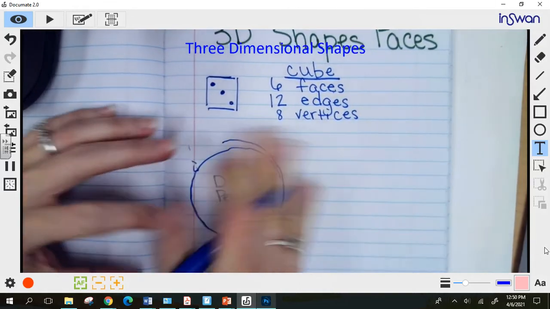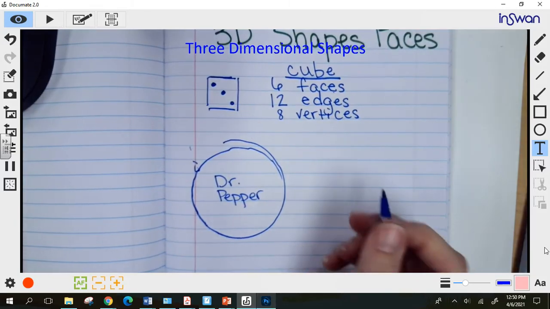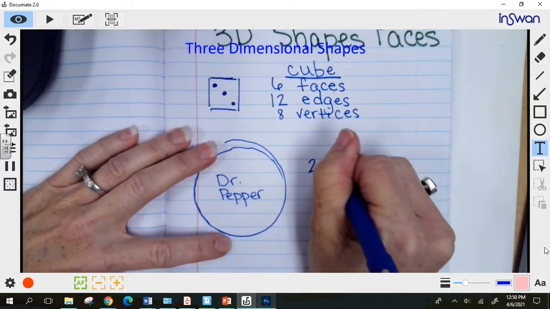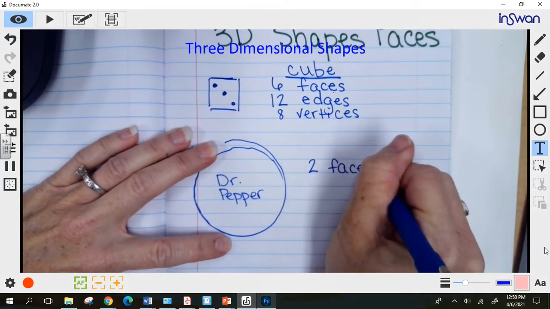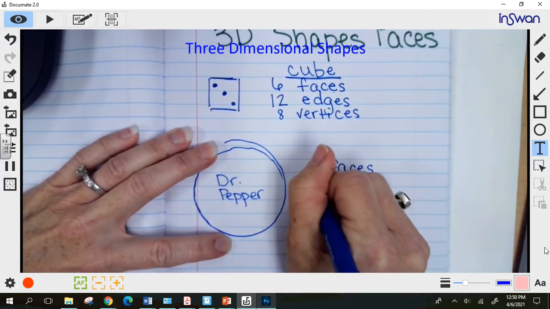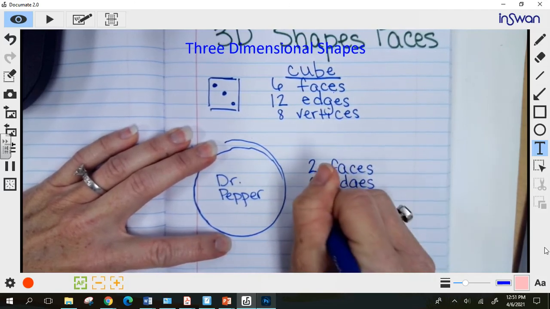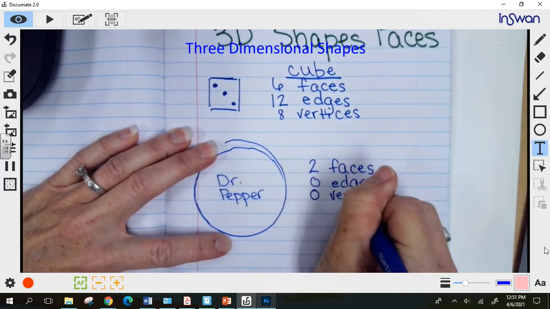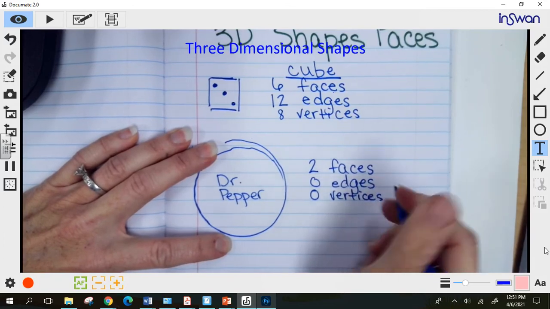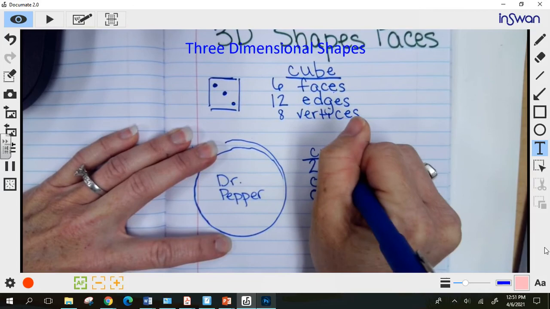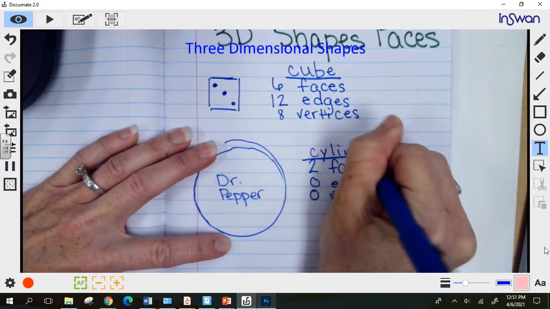You can label whatever you find. Now, I have two faces. They're circular faces on my Dr. Pepper can. I have 0 edges and 0 vertices. And then I'm going to tell you what the name of this shape is. This is a cylinder.